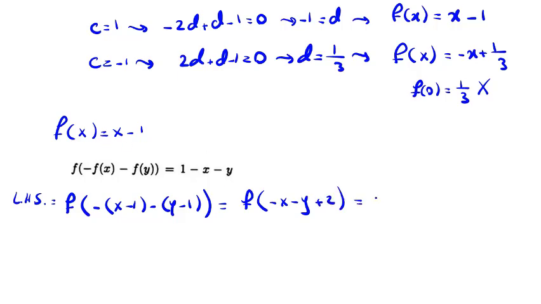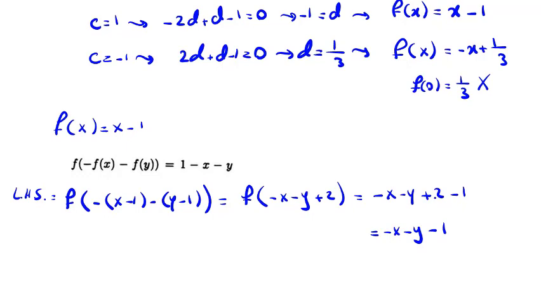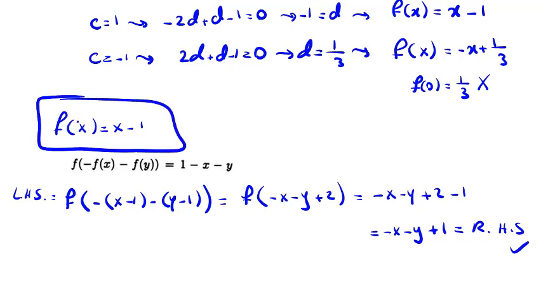And we know f of this is x minus 1, so it will be negative x negative y plus 2 minus 1. So it will be negative x negative y minus 1. And plus 2 minus 1 plus 1. So we see it is equal to the right hand side. So this answer works. So we have only one answer, f of x equals x minus 1.